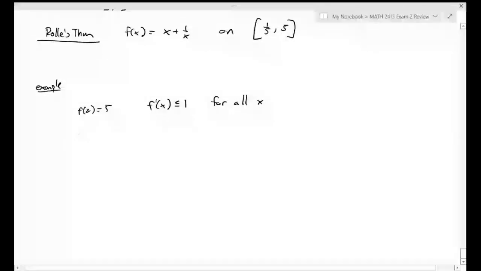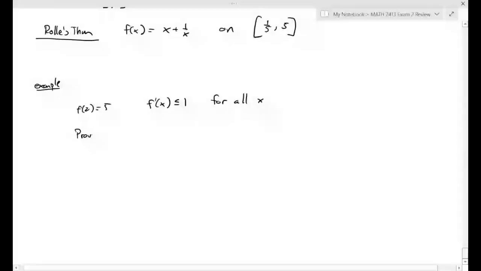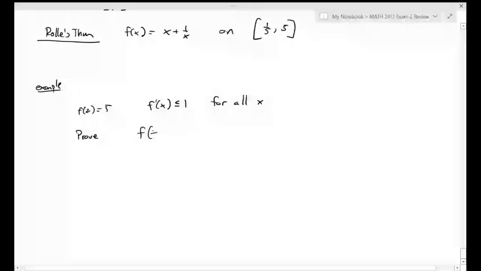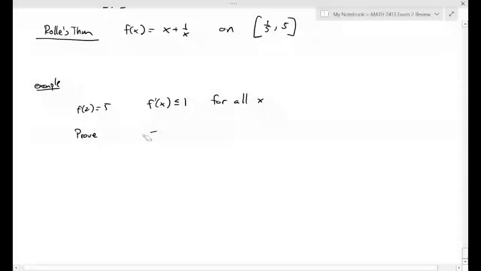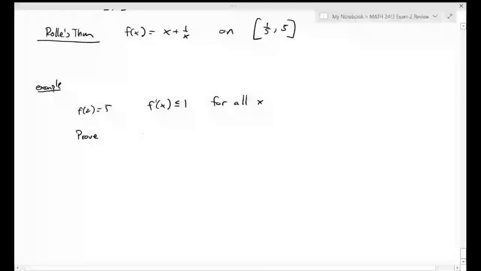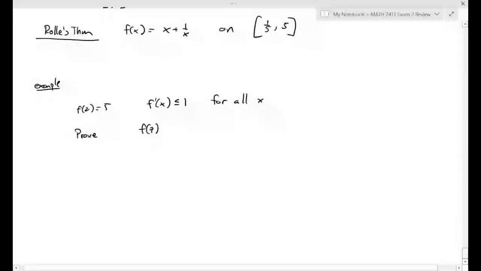Right, so let's prove that f of 7 is less than or equal to 10. Again, it's not a mystery what's going on here.